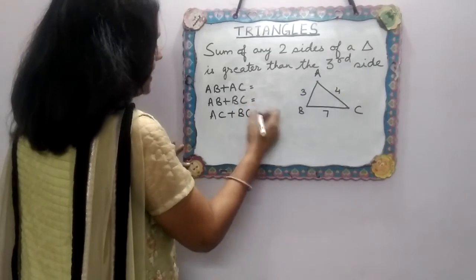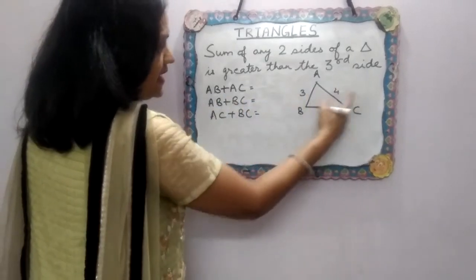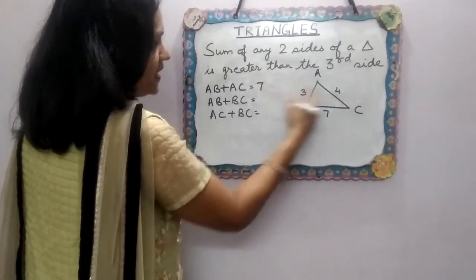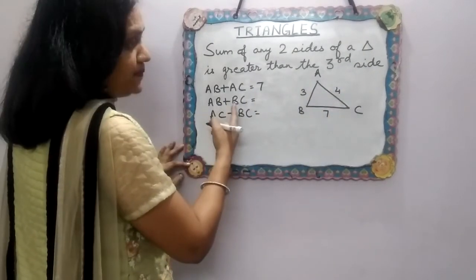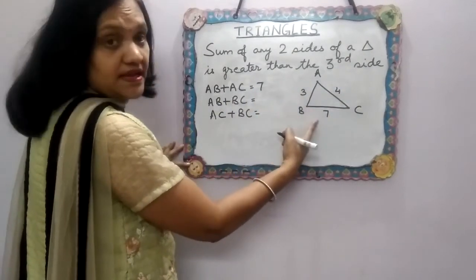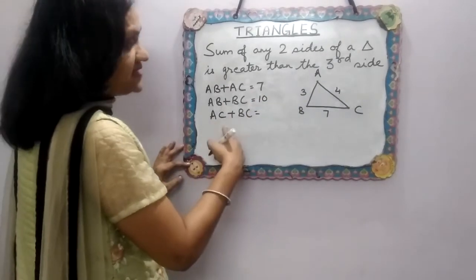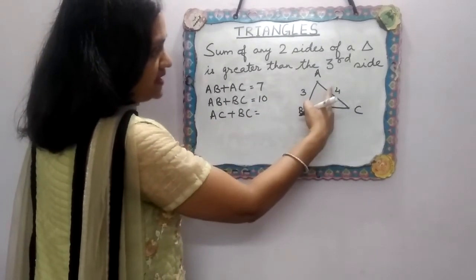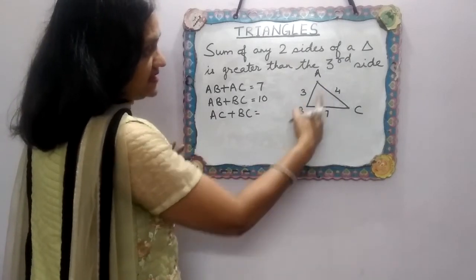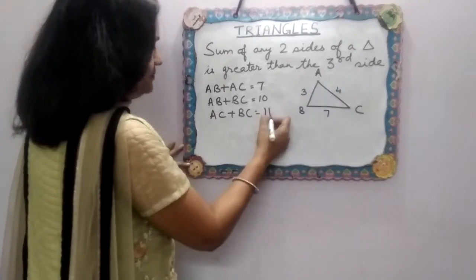So what is AB plus AC? AB plus AC is 3 plus 4, which is 7. AB plus BC is 3 plus 7, which is 10. And AC plus BC is 7 plus 4, 11.